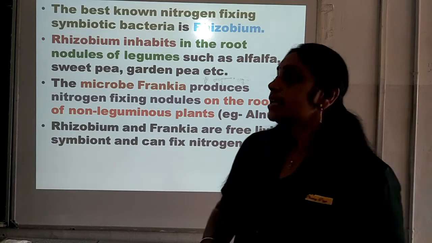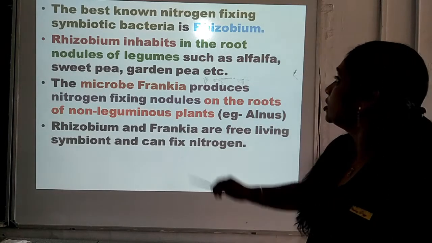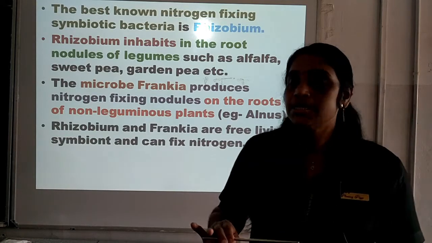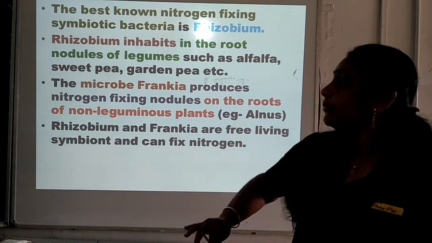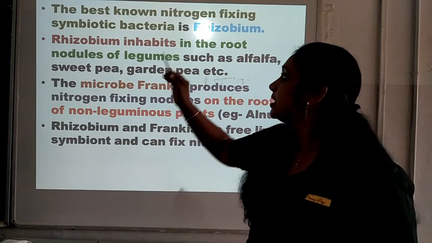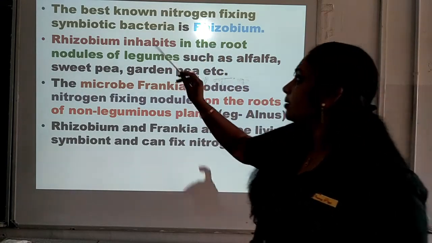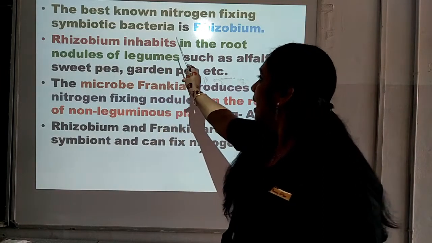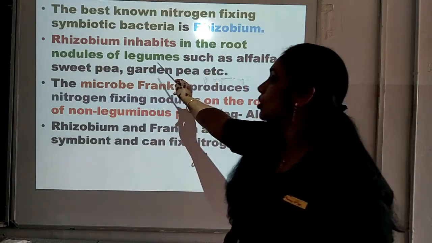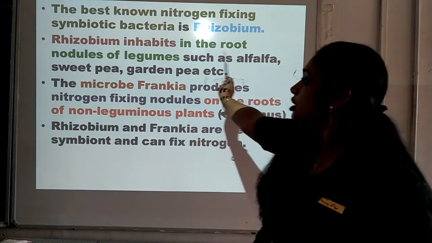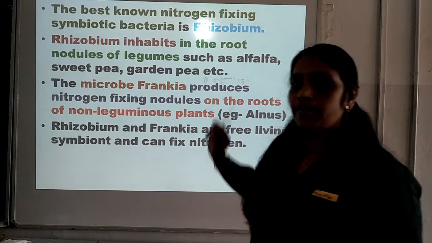Now, the best example for the symbiotic nitrogen fixation is rhizobium. Rhizobium is a bacteria which is the best known example for fixing the nitrogen into the soil, and this rhizobium inhabits the root nodules of legumes such as alfalfa, sweet pea as well as garden pea.